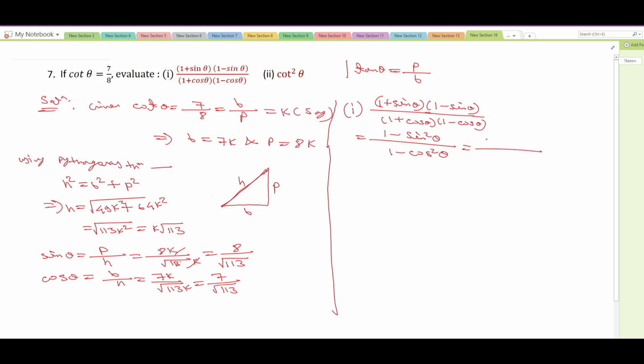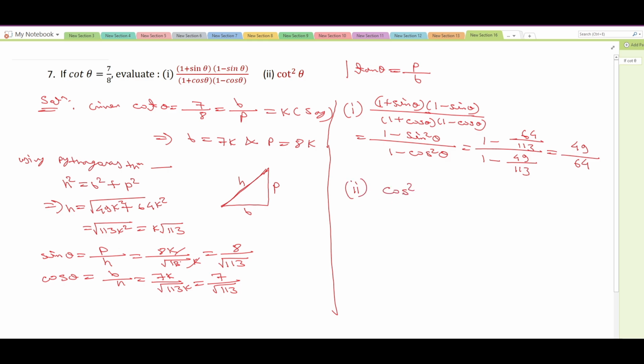Since sin theta equals 8 by root 113, sin square theta equals 64 by 113, and cos theta equals 7 by root 113, so cos square theta equals 49 by 113. This is equal to 49 by 64.